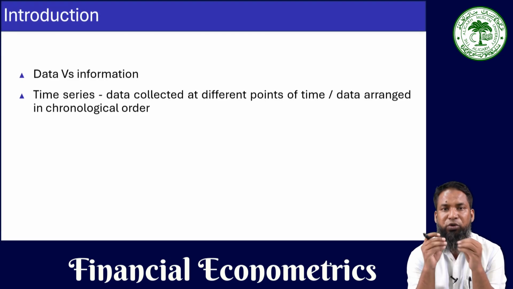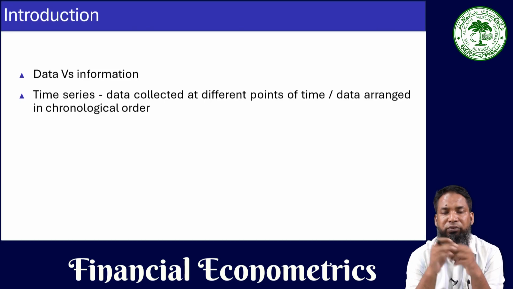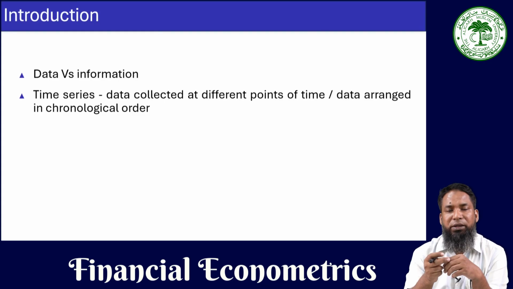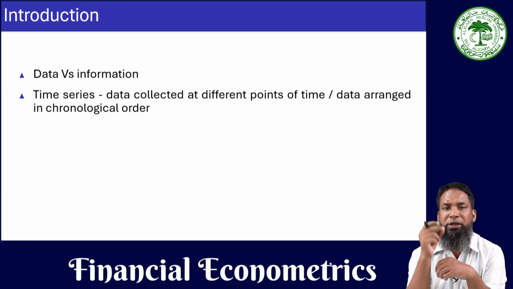However, in a particular series, the time gap from one observation to another will remain constant. That means if we have one series, it will contain the data on a particular specified period. Let us say it is monthly data, then from one observation to the next, the time gap will be 1 month.